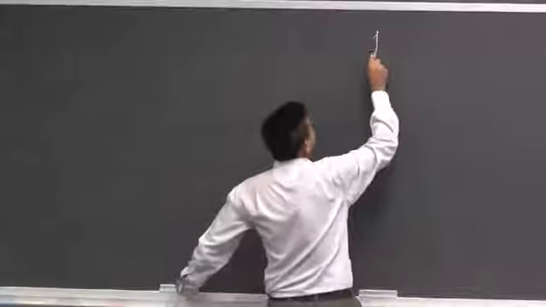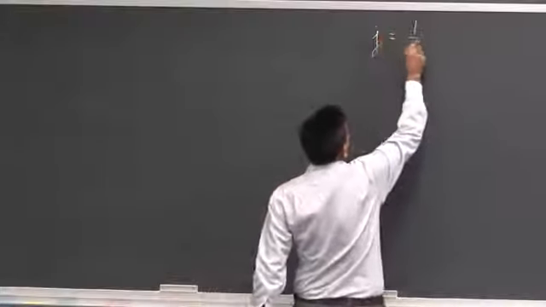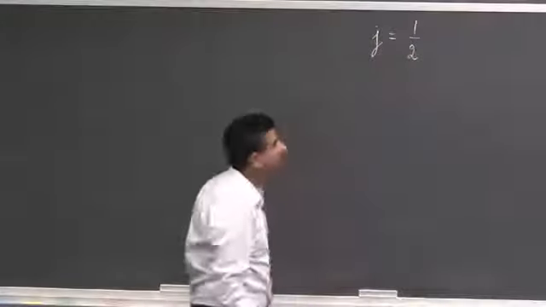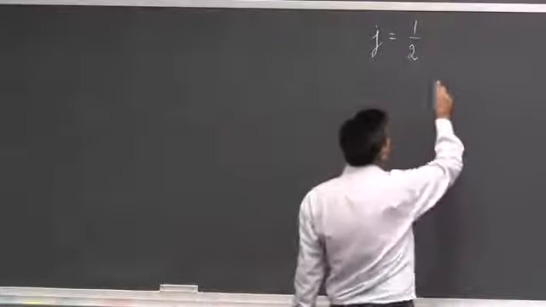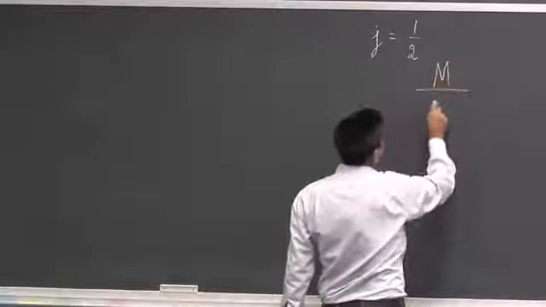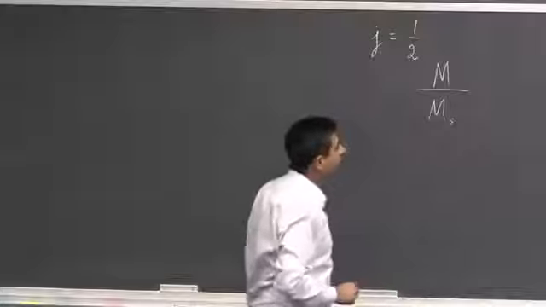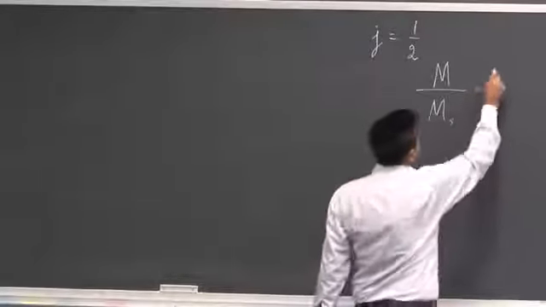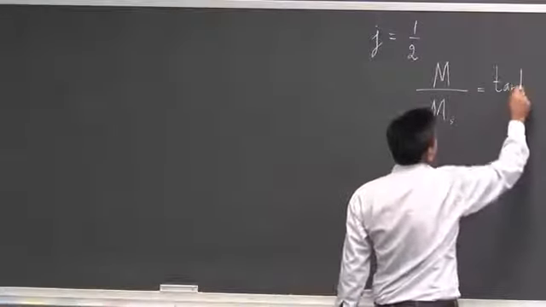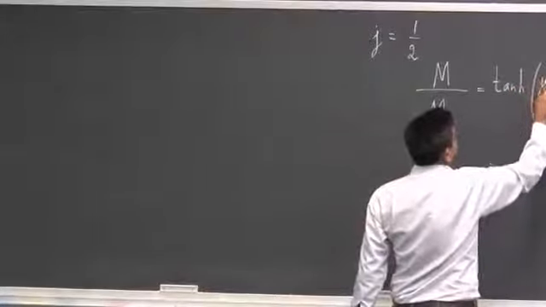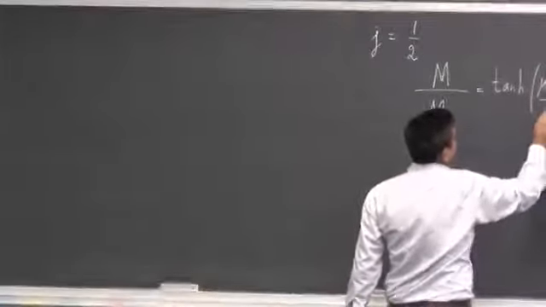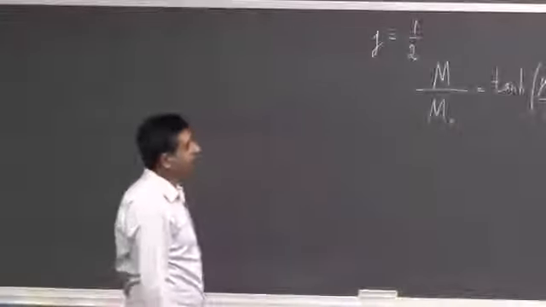And we found out that for a spin half system, if J equals 1/2, the magnetization with respect to the saturation magnetization is given by tanh of mu B over k_B T, and from this we derived Curie's law as well.